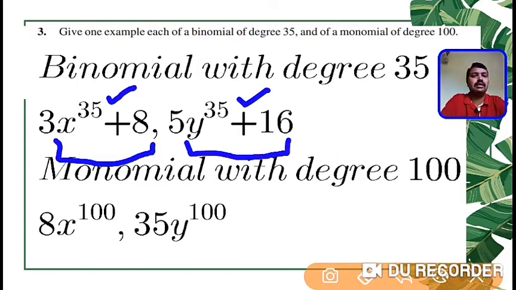So these are binomials with degree 35. And a monomial with degree 100: you can see only one term is there and the degree is 100. Same here, 35y raised to power 100. Again only one term is there and the power of the variable is 100. That is the reason this one is a monomial with degree 100.